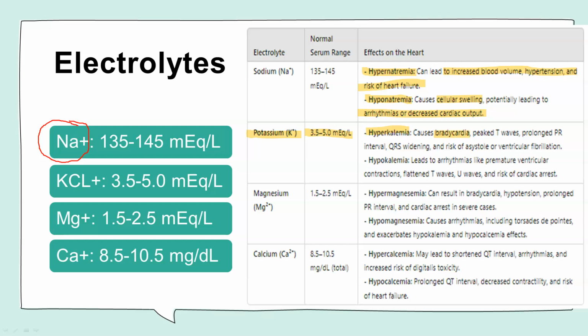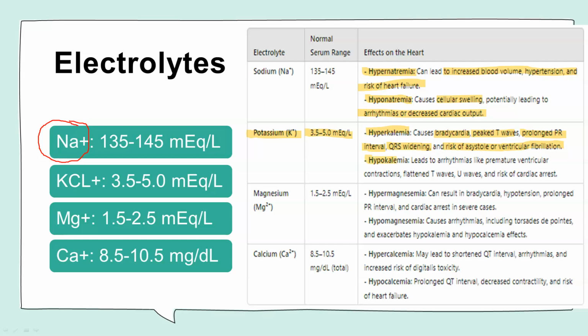It can cause peaked T waves, which you're probably never going to see because of potassium, but it is a documented and well-researched outcome from having hyperkalemia. You can have heart blocks, which is what it's talking about when it says the prolonged PR interval. You can have chronic widening of the QRS. You can increase your risk for asystole and VFib, which are both very bad.